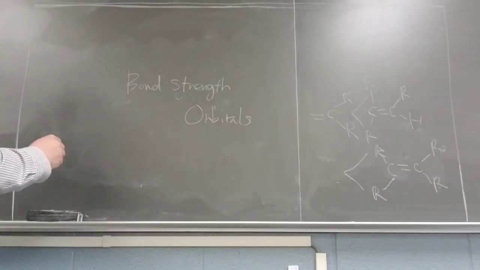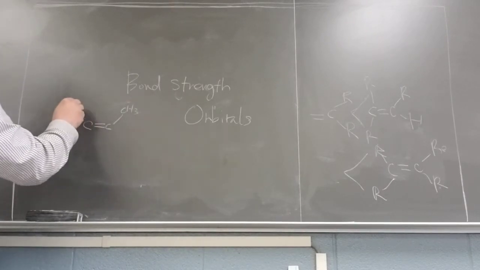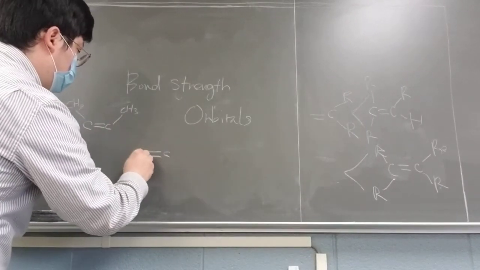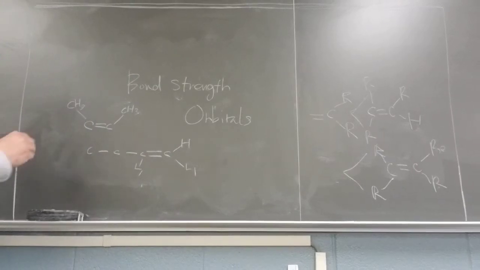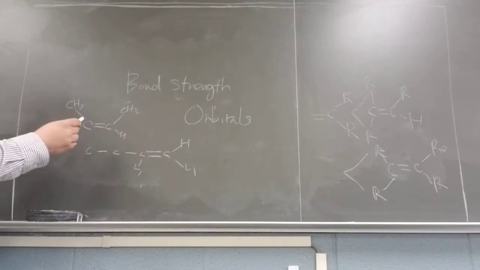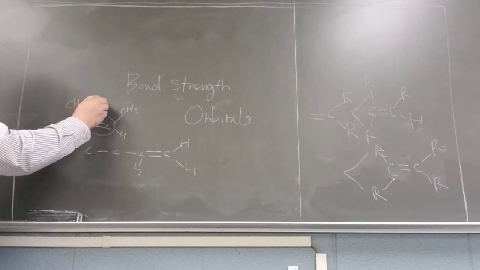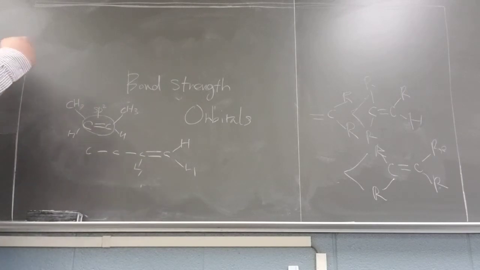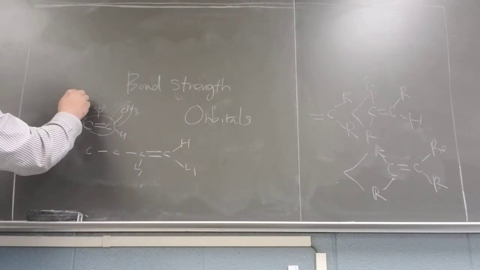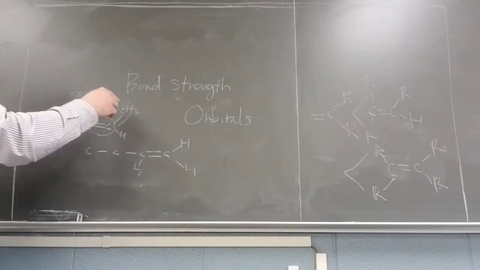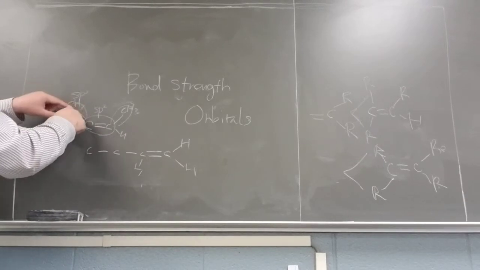For example, if you have this one over here and think about the hybrid orbitals, this one will be sp2 in the sigma bond, with the pi bond on top, and this one will obviously be sp3, because this carbon has four bonds. So the sp2 and sp3 make the bond here.